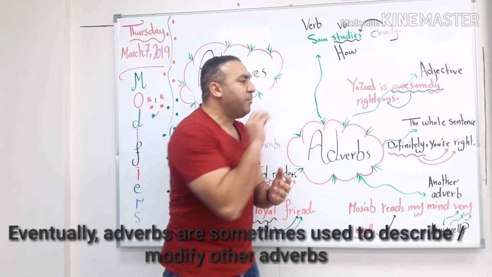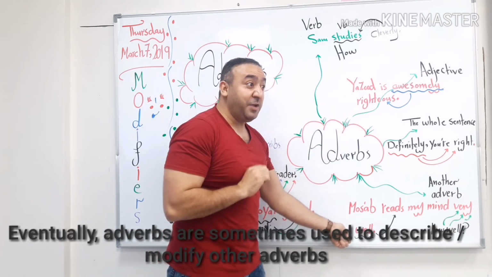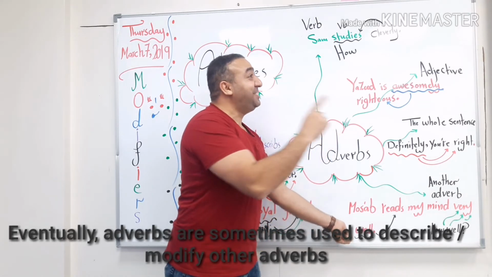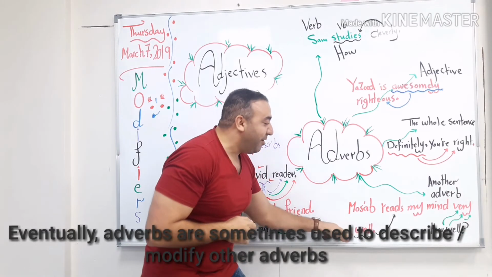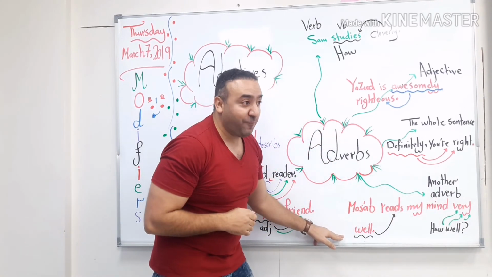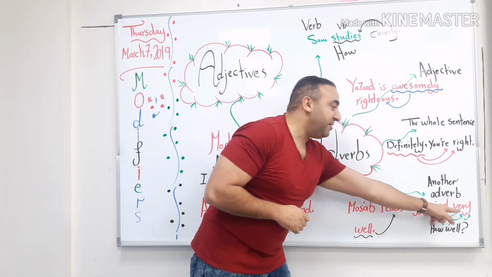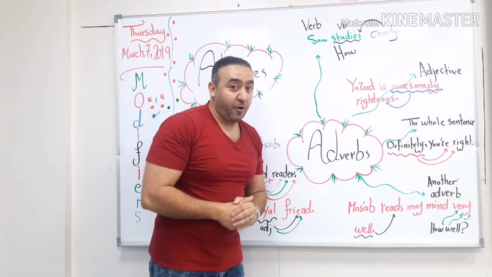How does Mus'ab read your mind? The answer is, well. He reads my mind well. How well does he read your mind? Very. So well modifies the verb reads, and very modifies the adverb well. So here the adverb can be used to describe or modify another adverb.